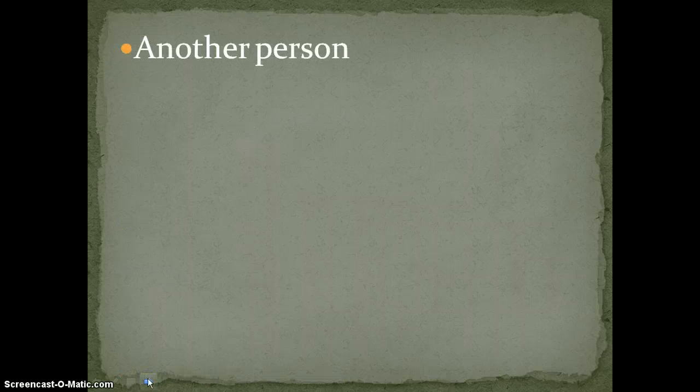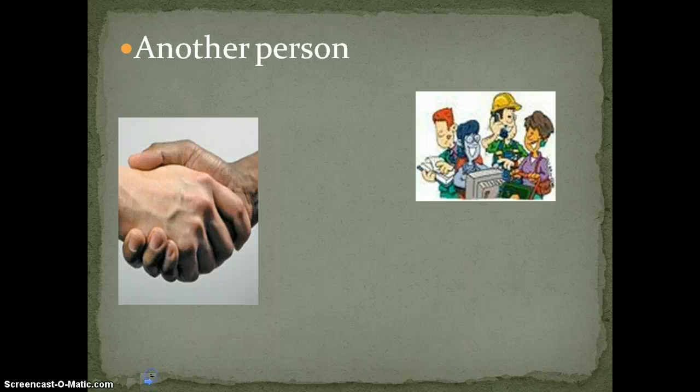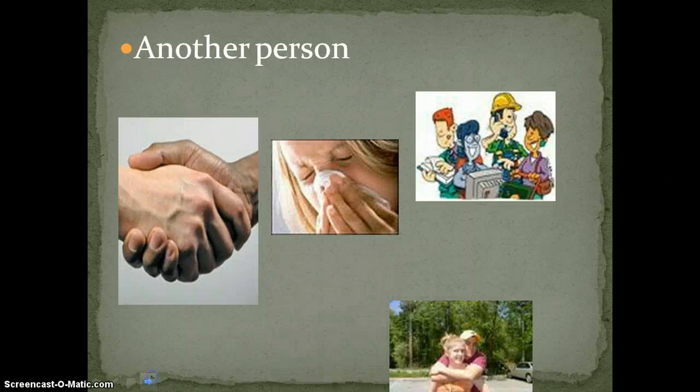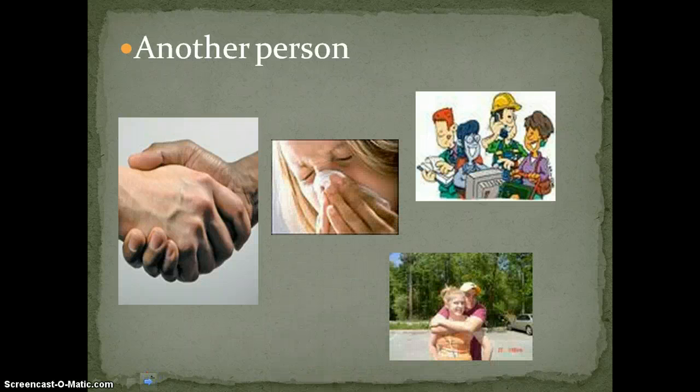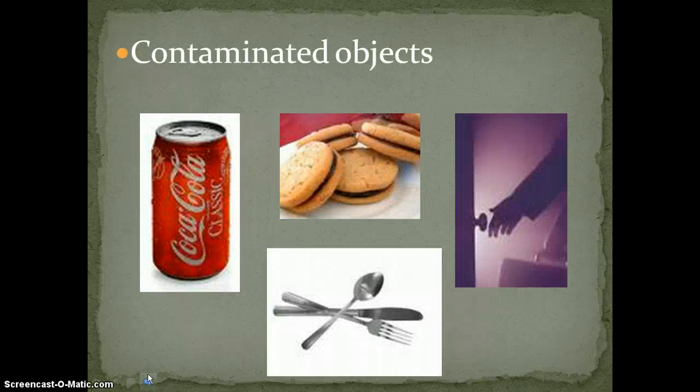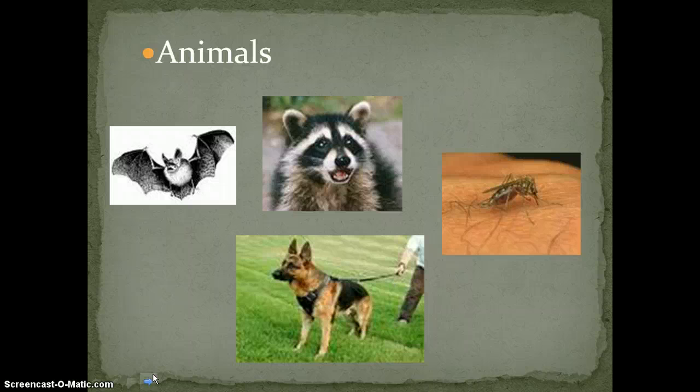Some common ways that diseases can be spread is through people: handshakes, sneezing, coughing, contaminated objects. There could be bacteria in your food, or something may not have been cleaned well. Through animals: malaria is spread by mosquitoes.